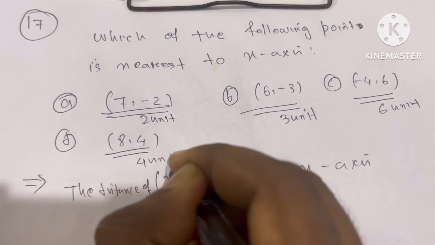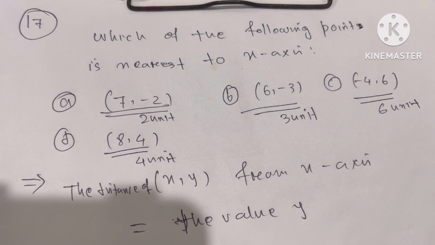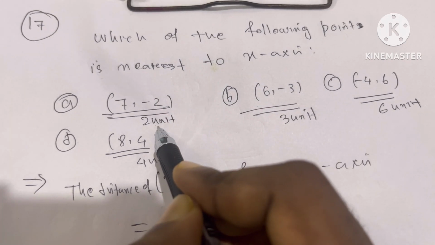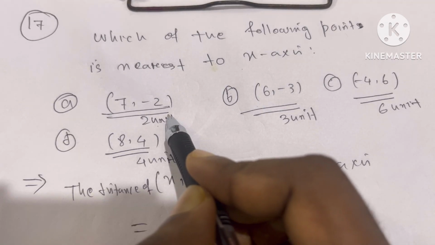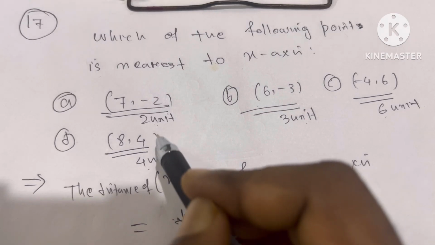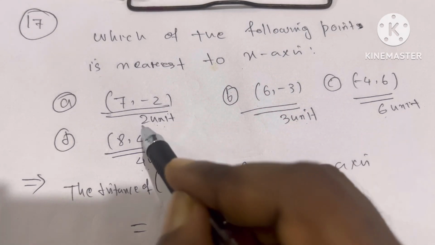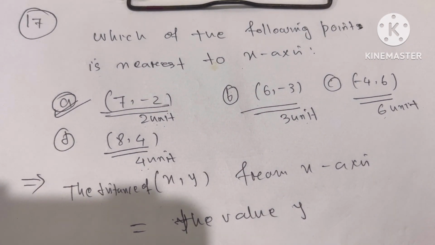So which point has minimum distance from x-axis? Which is nearest to x-axis? This one, because it is 2 units, meaning like 2 centimeter, 2 meter. This is 3, this is 6, this is 4. Out of 2, 3, 6, 4, which is the smallest? 2. So that's why option A is nearest to x-axis.